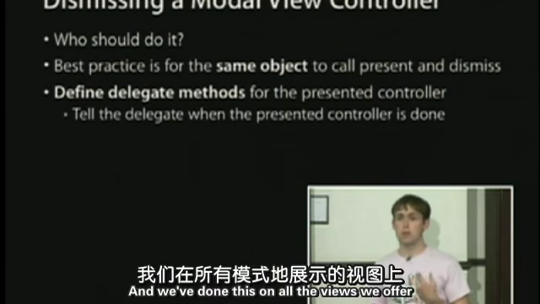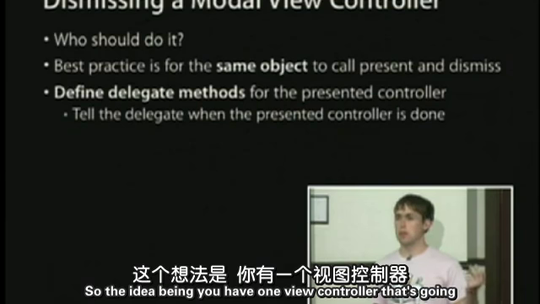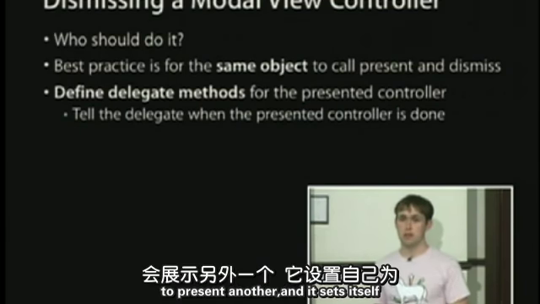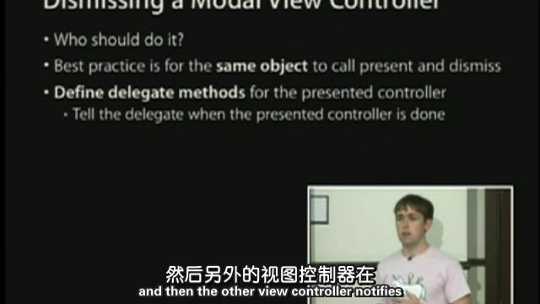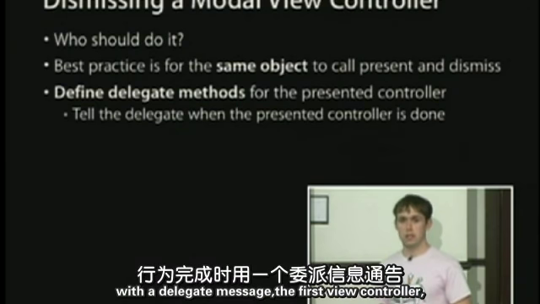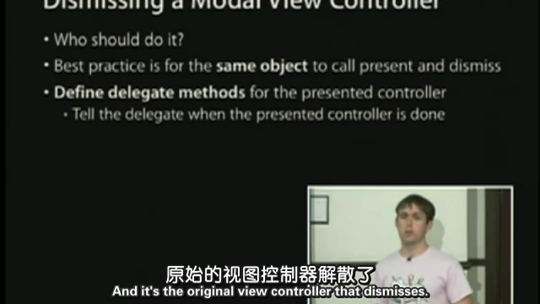We've done this on all the views we offer to be presented modally. The idea is you have one view controller that presents another, and it sets itself as the other view controller's delegate, presents it, and then the other view controller notifies the first view controller with a delegate message when its action is finished. And it's the original view controller that dismisses.